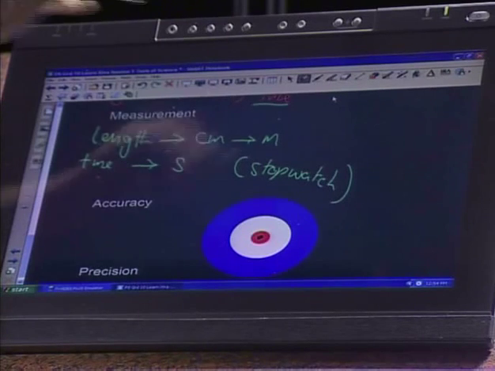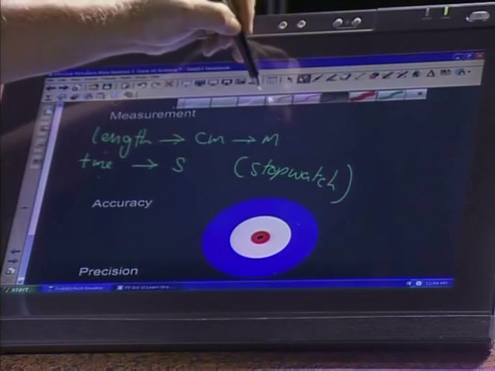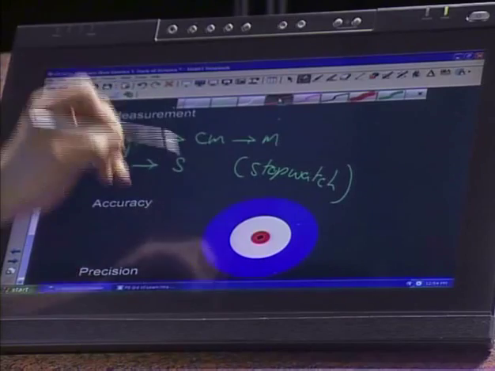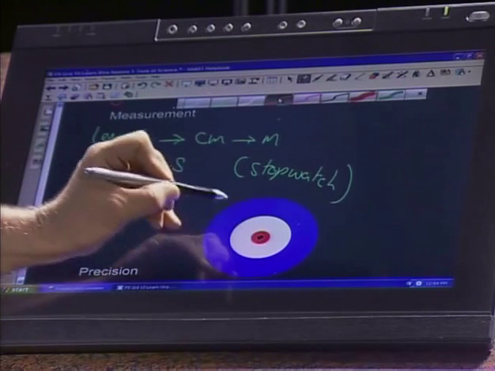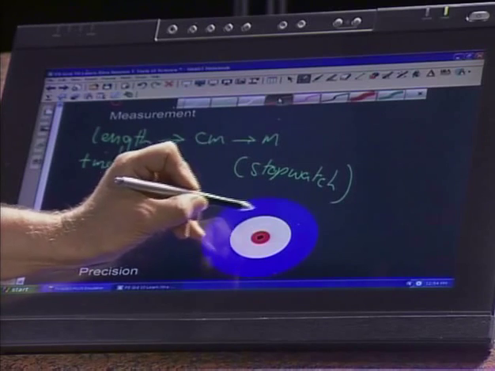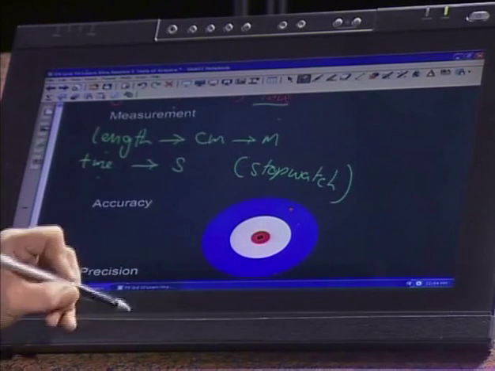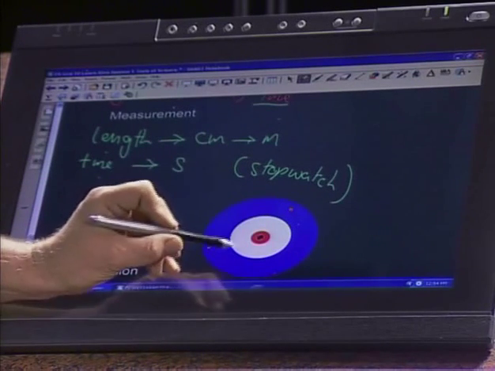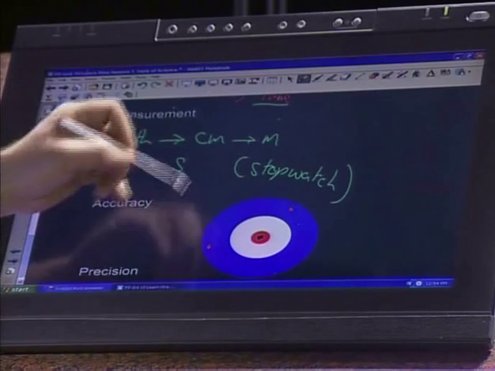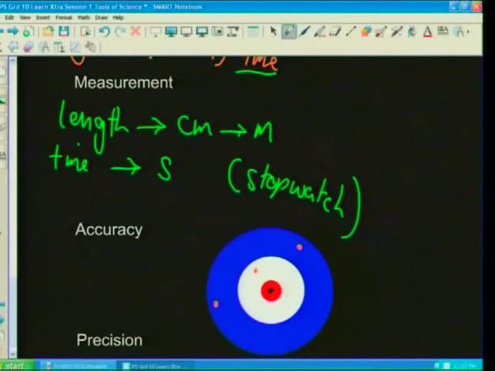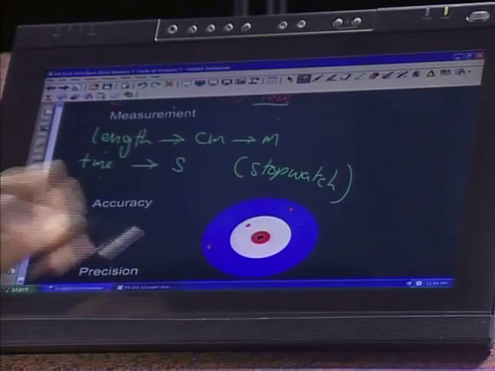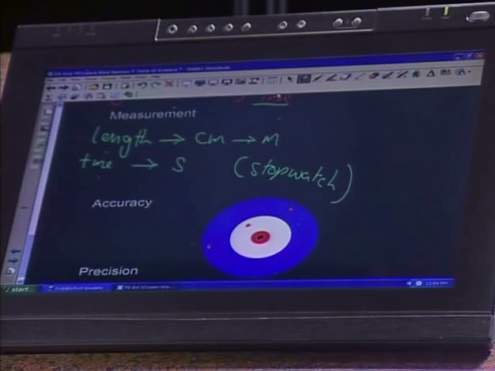Now, the more accurate we are, and I'm going to use our estimations in orange, the closer we will be to that center point. So a reading over here and over there, those readings are in the blue section. They're not going to be very accurate. Accuracy over there is going to be a bit better, but if we can get an accuracy right close to the middle, then we'd say that's really accurate.